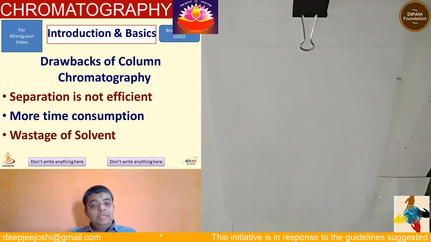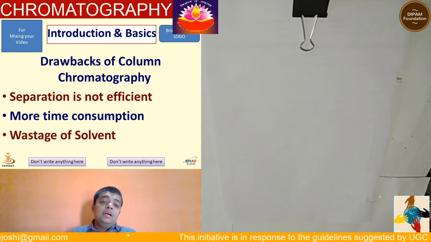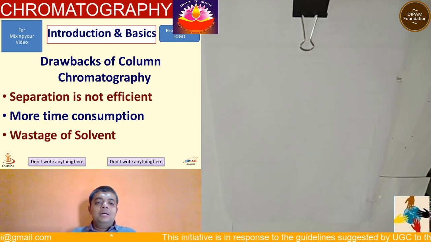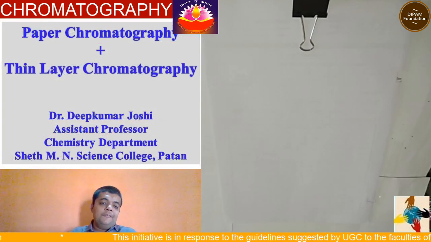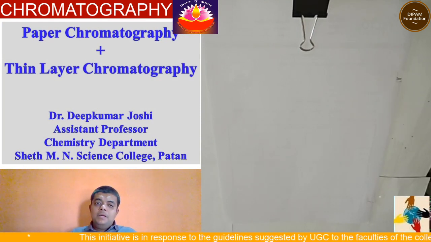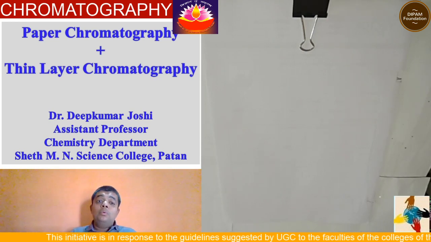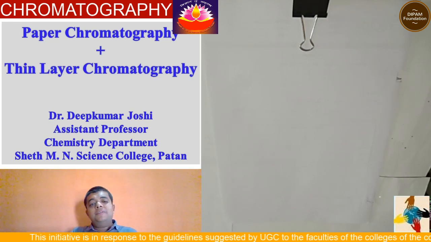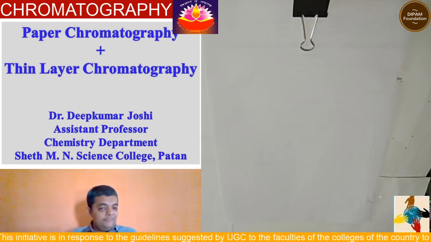As of now, in the classification, in the current video, we have placed them in the partition phenomenon and not in the adsorption phenomenon. So friends, this first recording comprised chromatography, its basics, and it also included the classification of chromatography and the important terms related to chromatography.